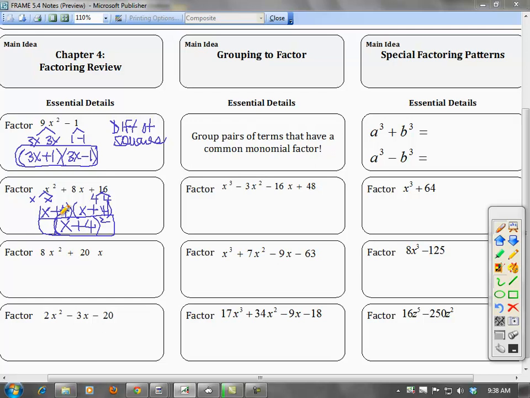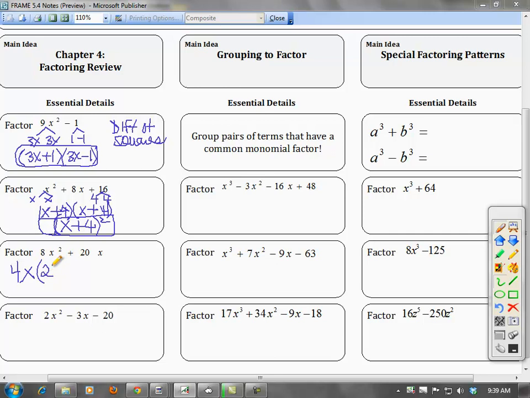The third type, we said, well, we have only 2 terms. And if I look at them, I can see some things in common. First and foremost, they both share an x. The second thing, if you look at the 8 and the 20, a 4 is the biggest number that can go into both of them. So if I do 8 divided by 4, I get 2. I had 2 x's.